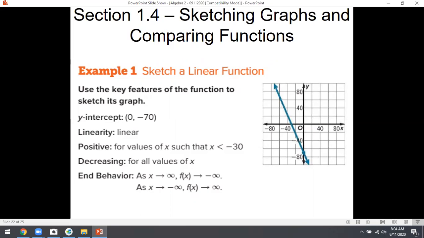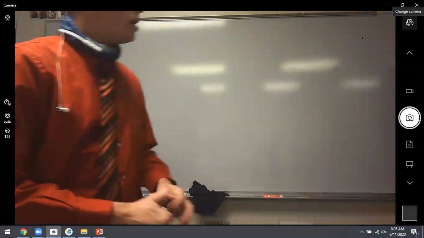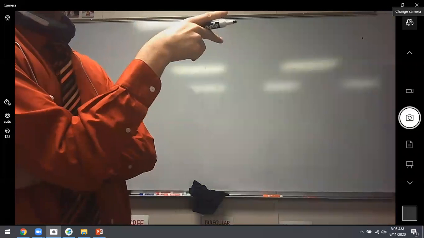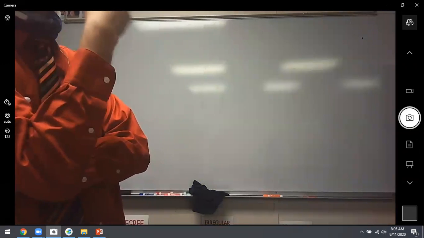You're going to have this information given to you right here, and this will be completely blank, and your job is to figure out what that graph should look like based on the stuff. Well, let's see what we can do here. Example 1. All right. Here we go. I'm going to pretend that graph is there, and I'm just going to start making notes of everything they tell me here.